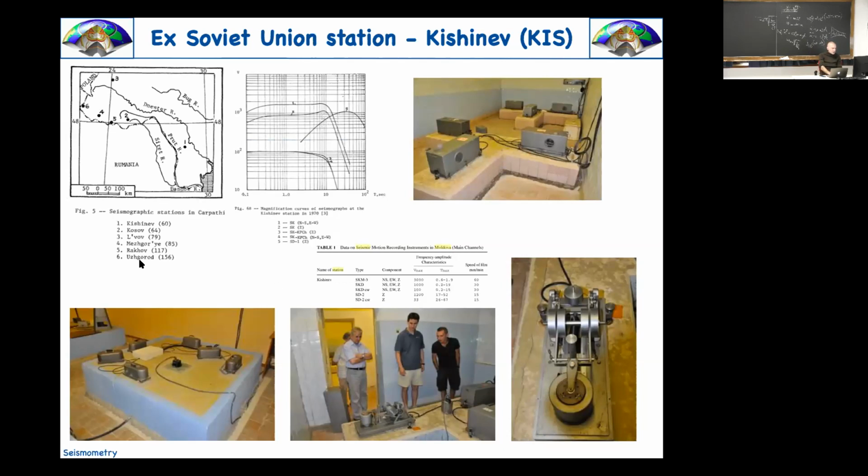And these are the pictures that I was taking in one of the stations, let's say that they are part of a worldwide standard network, speaking a different language with different response curves, but the idea was the same. And you see two triplets, two horizontal, a vertical, two horizontal, a vertical, short period, long period. That's the idea.